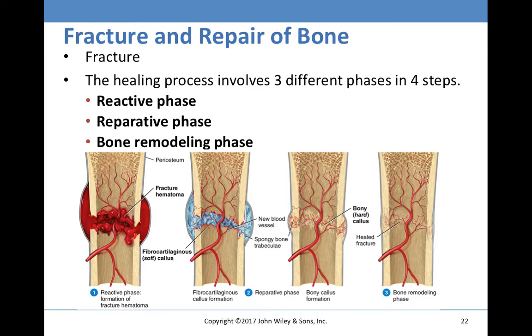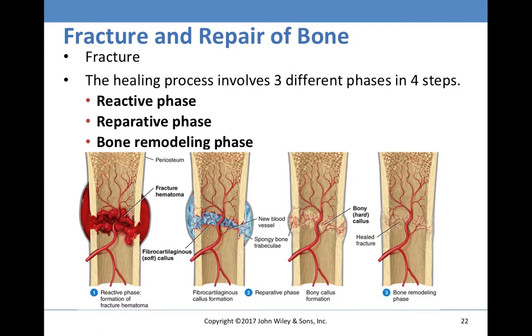We are going to create this fracture hematoma in the first reactive phase, and it will then begin to grow into granulation tissue, which is called the procallus. Then this procallus will be transformed into our fibrocartilaginous callus, or a soft callus.